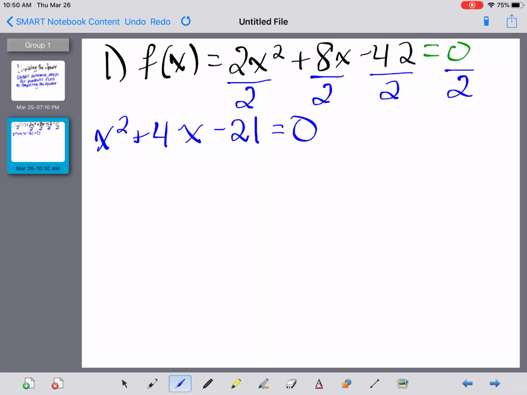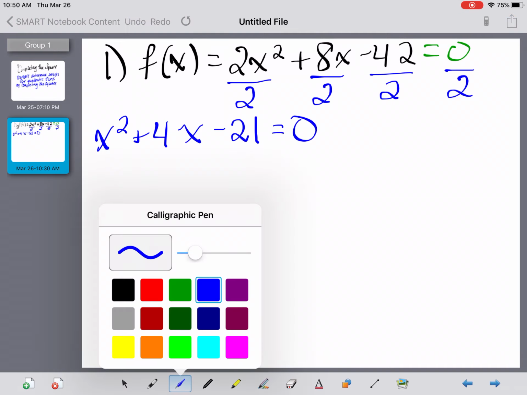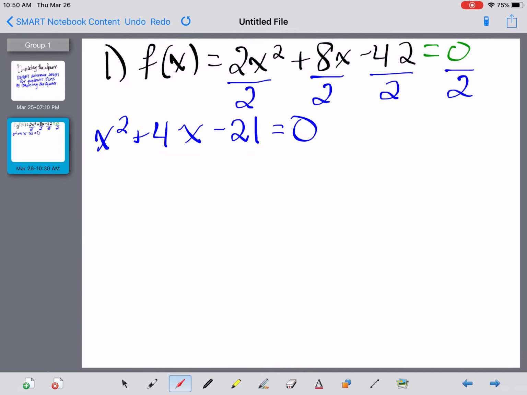All right, hopefully that all made sense. And we're going to continue on by moving my c to the other side of the equation, because basically this is your first chance at what's called algebraic manipulation. We're just going to move things around to change the form of something so that we can do other steps that we don't know how to do otherwise.